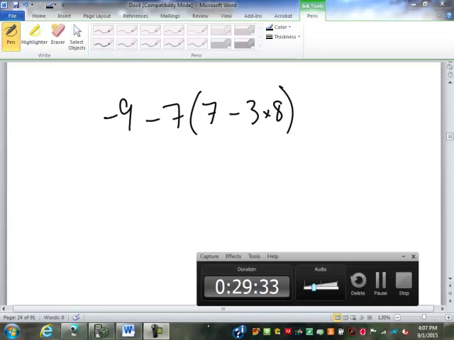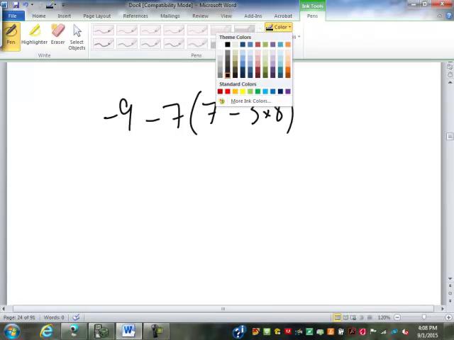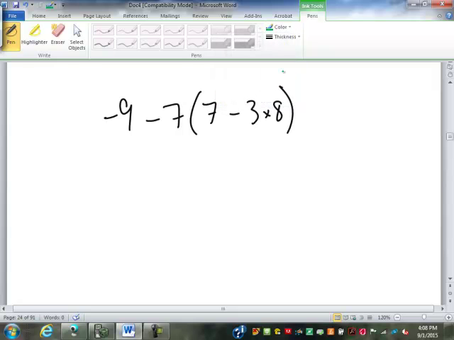Okay, do this one quick. Negative 120, and I hear a 110. Let's see which way we went. Inside here, we've got the 3 times 8. Do you want to treat that as 3 times 8 or negative 3 times 8? Because it really doesn't matter.